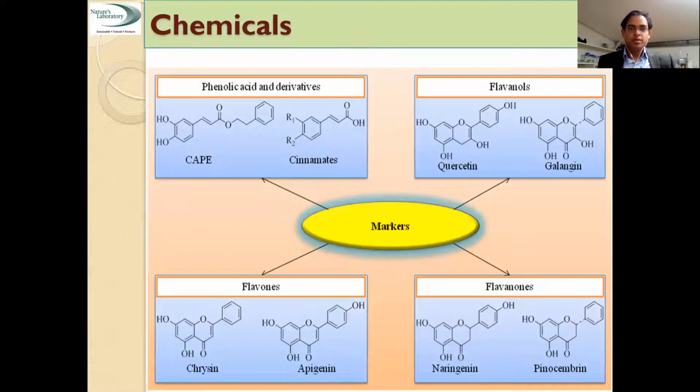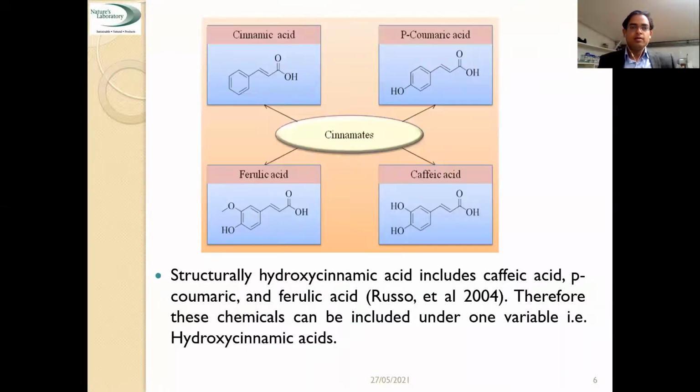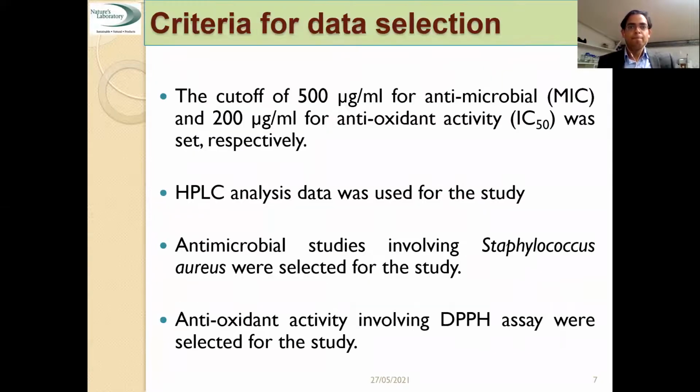These are the chemical structures of the markers which we selected as independent variables, and the cinnamates, which we clubbed together as one parameter because they are structurally related and more or less biologically related. So we merged them as one independent parameter, cinnamate, in the study.